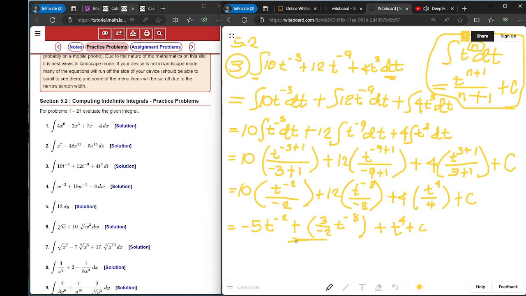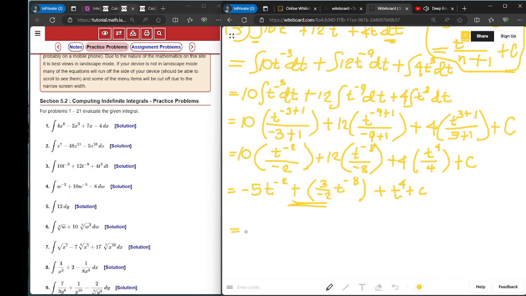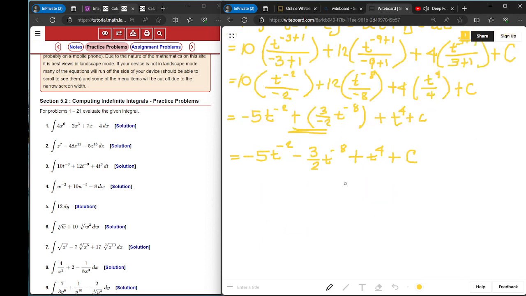I will just need to rewrite this since we have negative signs here. So this will become negative 5 times t to the negative 2 minus 3 over 2 times t to the negative 8 plus t to the 4th plus c. It's all right if we stop here. My teacher commonly accepts this answer.